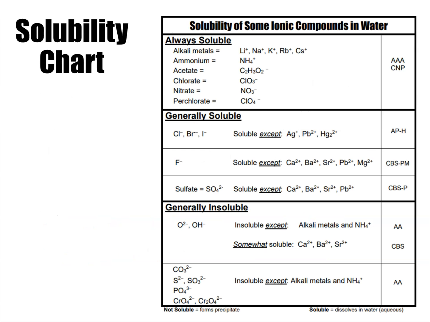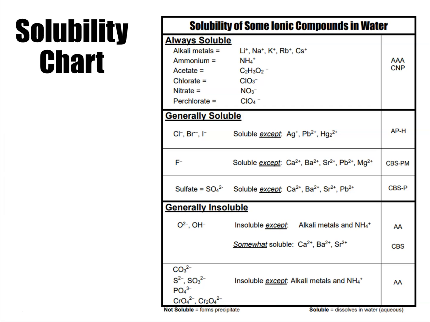Okay. All right, solubility chart. This one's a fun one. This has to do with ionic compounds. As you can see, a bunch of ions, and it's pretty straightforward. You take one or both of your ions in any given compound, and you look at it on the chart.